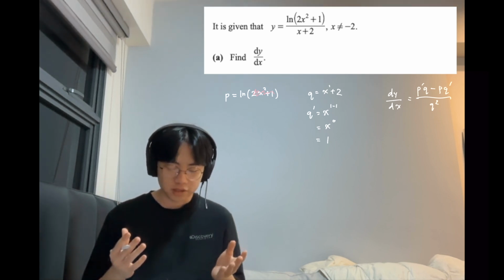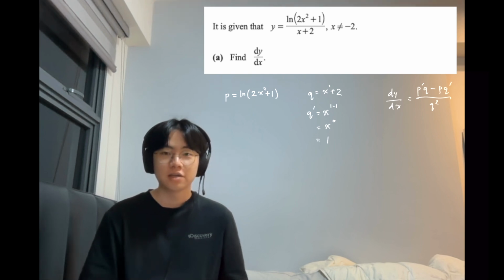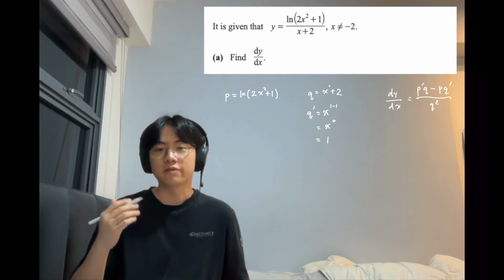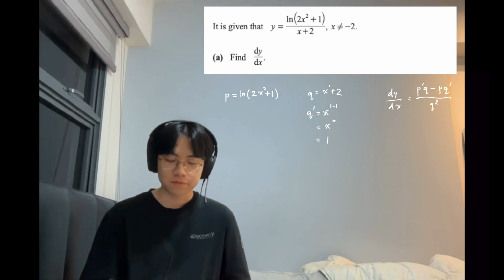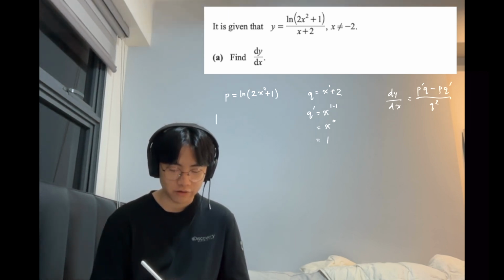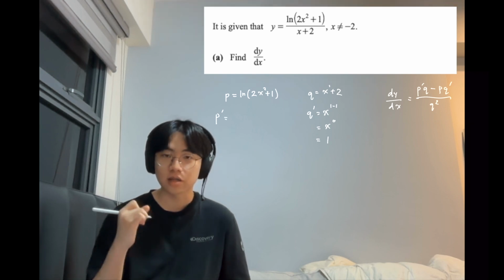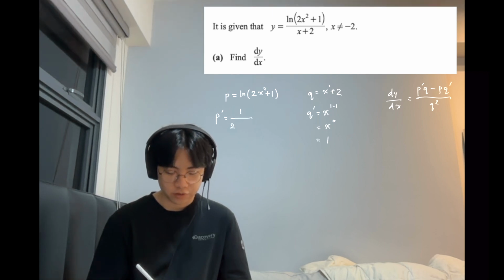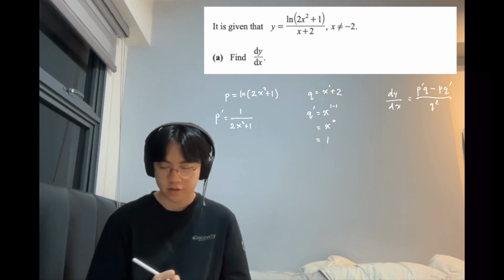What do I see? It's the ln, right? And how do I differentiate ln? You just put 1 over whatever's inside. So let's do that first. If I want to find the derivative of this, I look at the ln, the first thing I see outside, and so that becomes 1 over (2x² + 1).